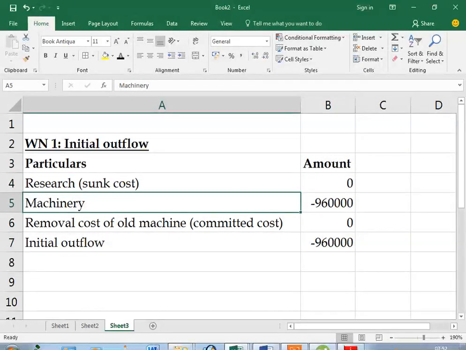Clear? Can we proceed? Anything else do you think will come? There's one more thing which has to come.